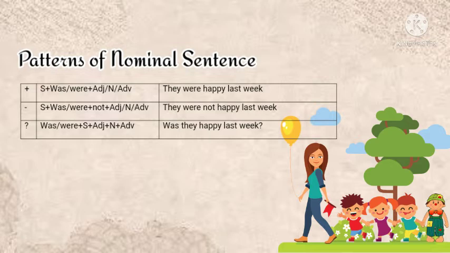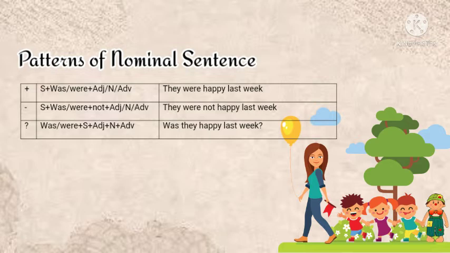And the example is, they were not happy last week. And for the question, the pattern is was or were plus subject plus adjective or noun or adverb. So the example is, were they happy last week?